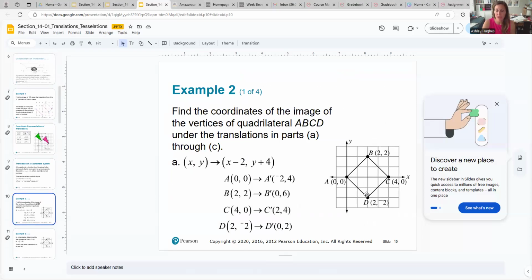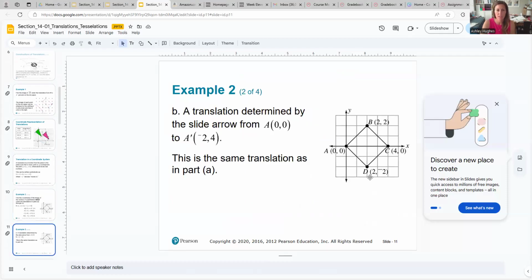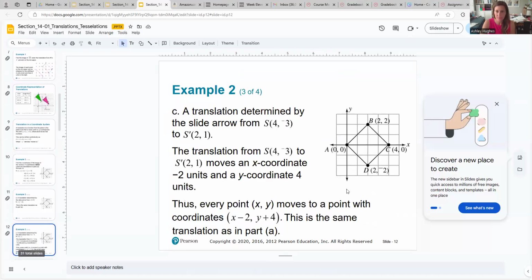Here's another example of that with the square. So they show that translation here, and it's just practicing moving every coordinate. In this case, x minus 2, and then y plus 4. The x is horizontal, so this means left 2, and this means up 4.